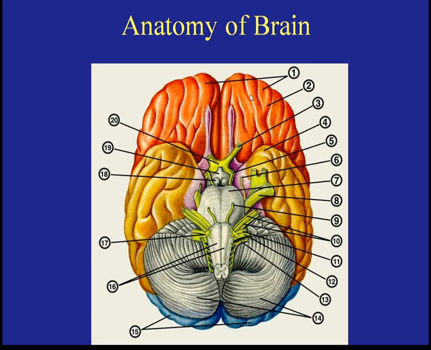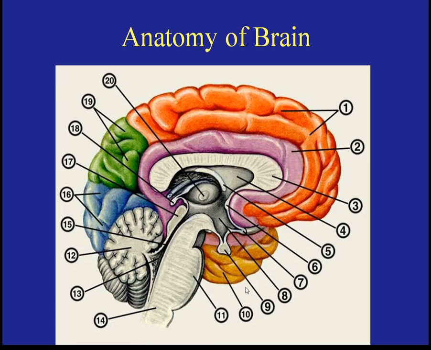The frontal lobe, bulbus olfactorius, optic chiasm, optic nerve, midbrain, pons varolii, medulla oblongata, cerebellum, temporal lobe, occipital lobe, and cranial nerves.